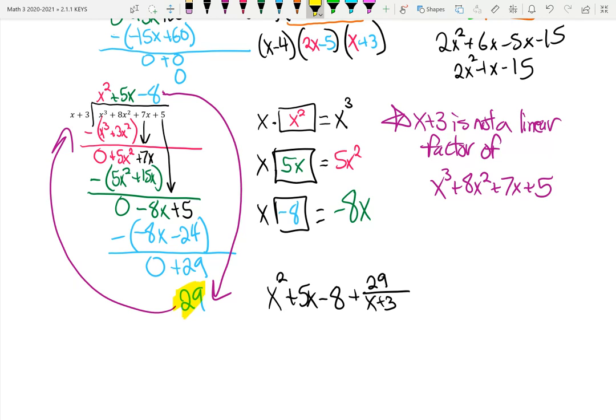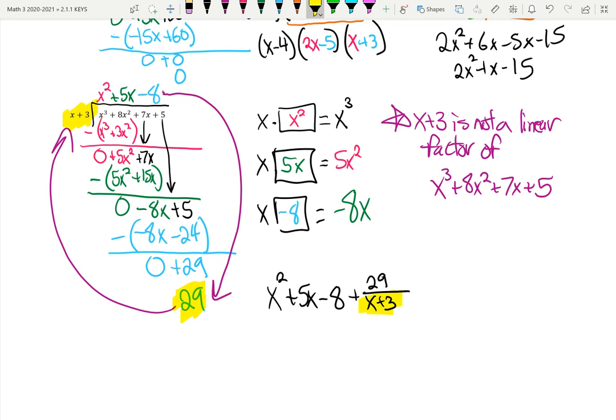The 29 still has to be divided by x plus 3. The number after the whole number, the negative 8, is going to be the remainder. It is not nice. The reason it's not nice is because it is not a linear factor. So hence I'm going to have a fraction.